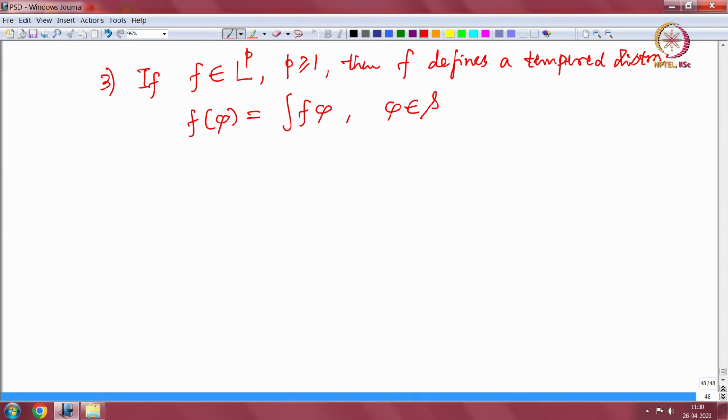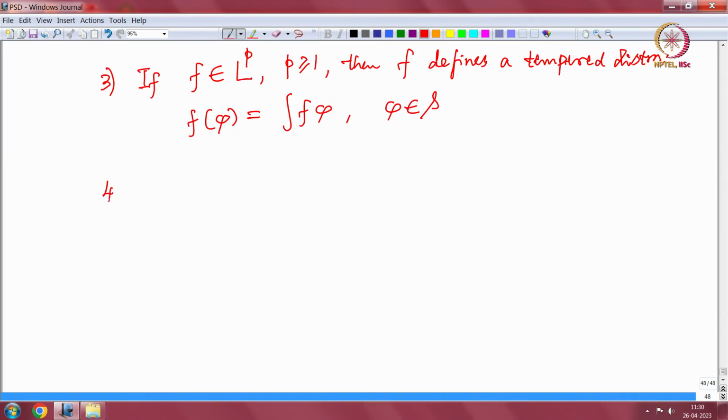Continuity is straightforward, you use the dominated convergence theorem or things like that. So, only this finiteness. Since f is in LP, it suffices if I show that phi is in LQ, then that integral is finite.